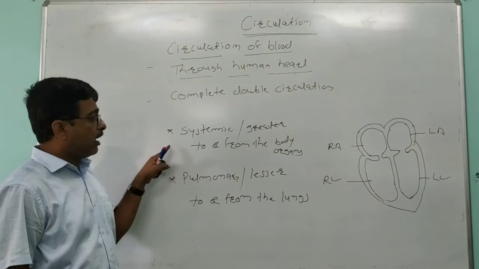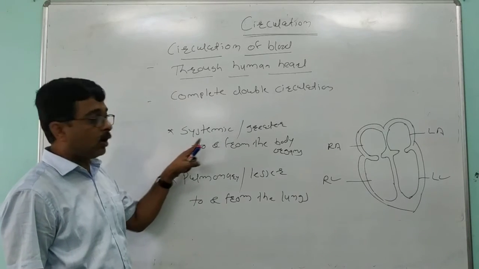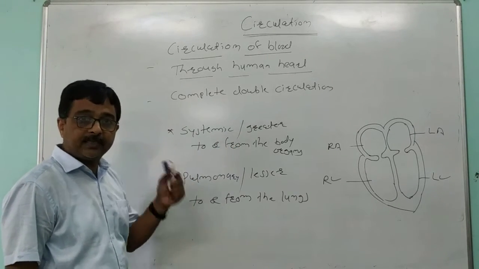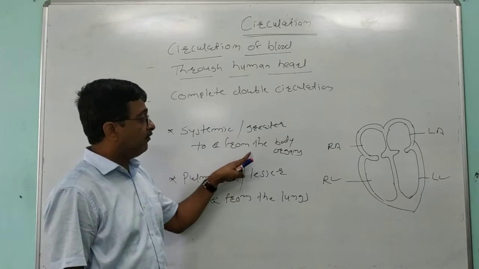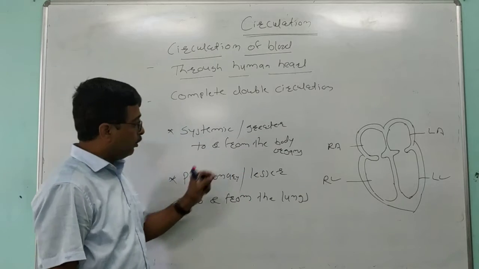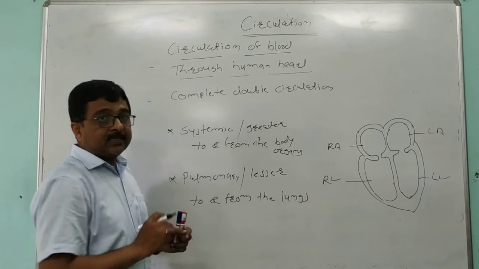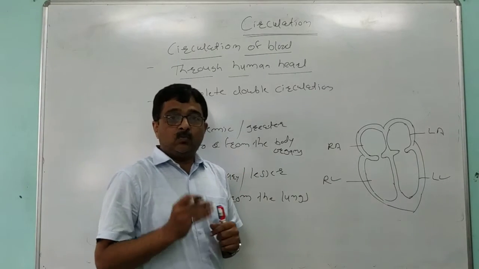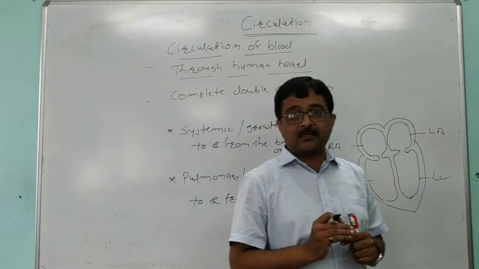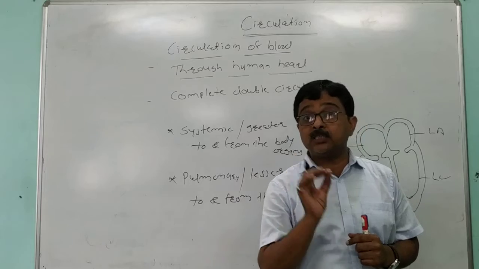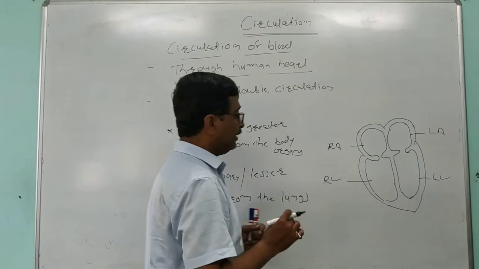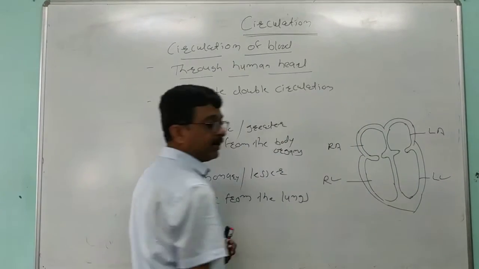Now we are going to discuss the first type, systemic or greater circulation, in which there is a flow of blood to and from the body organs. While discussing the internal structure, we studied that the blood supplied from the heart to the body organs is oxygenated blood, and that blood is in the left ventricle.